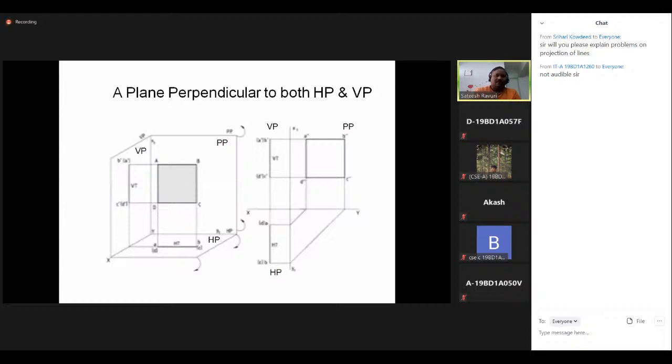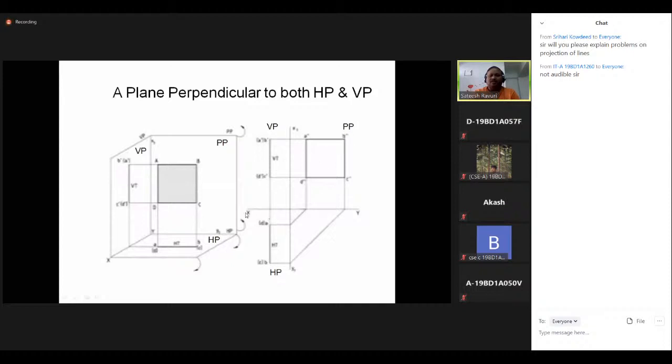So remember one thing, whenever any object is parallel to a reference plane, then only we can see the true shape of the given object on that particular plane. So now here, according to the given position that the square is perpendicular to both HP and VP, it became parallel to PP. So as it became parallel to PP, we can get the true shape of the given square on profile plane.